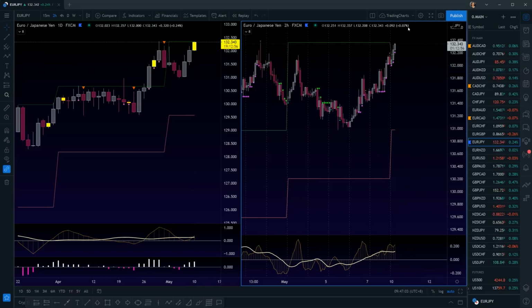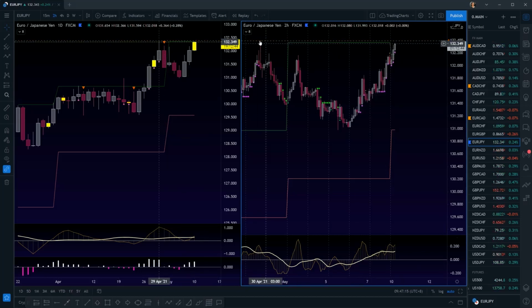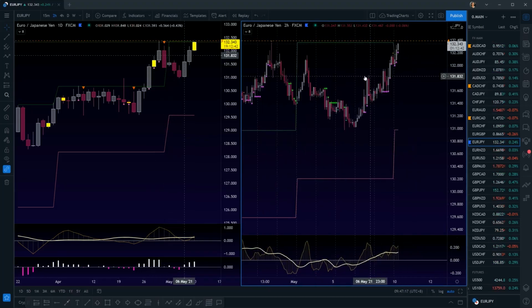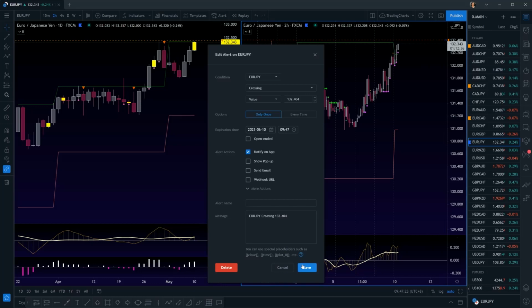Might be even like a failure test. You move up and then come back down, and we'll take it as an early reversal trade. So let's set some alert right here. Make sure it takes out the high here, kind of like a fake out. So make sure you take that out, and then we'll come back and take a look at that.